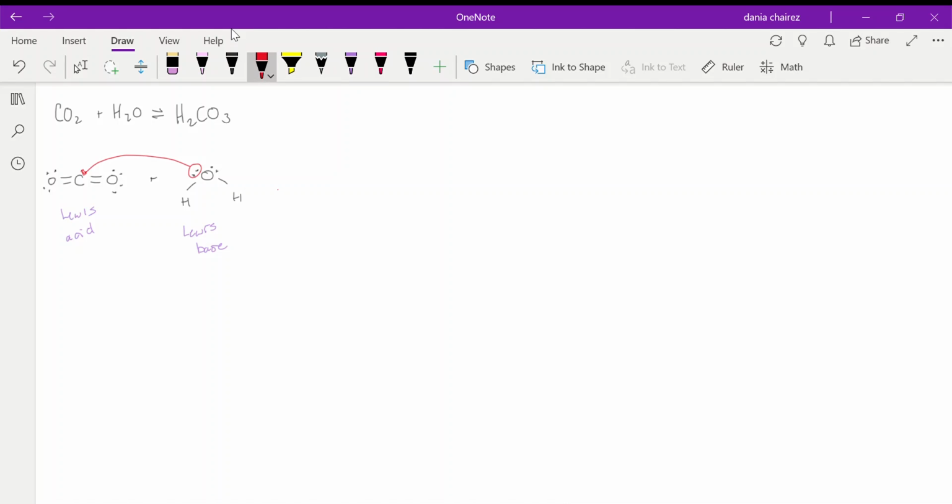The only thing with this one is that you have intermediate steps, because this is going to attack here, which means that your carbon doesn't want to have another lone pair, so it's going to make that lone pair attached to this oxygen. So you're going to end up with a figure that looks like this.